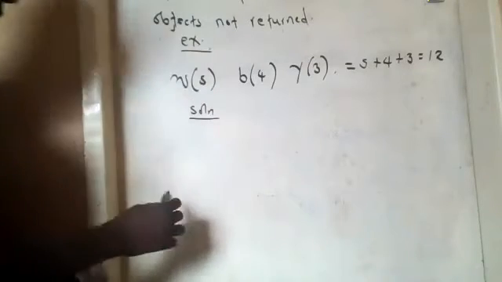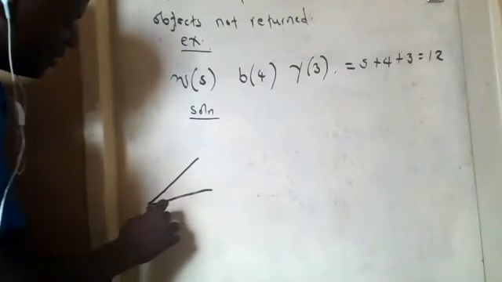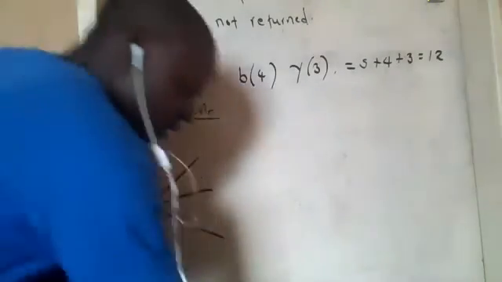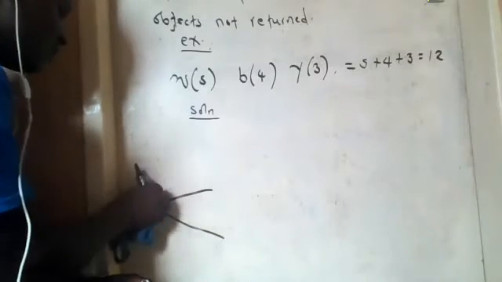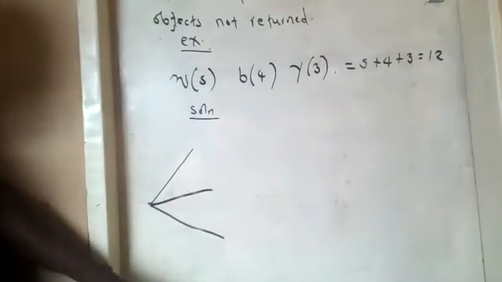So from the initial point, I'm going to have 3 branches because we have 3 types of colors.